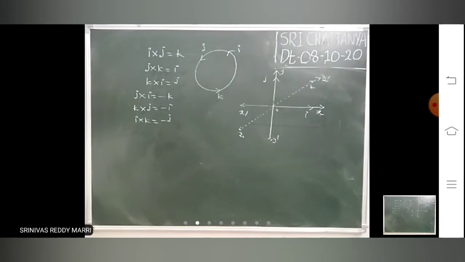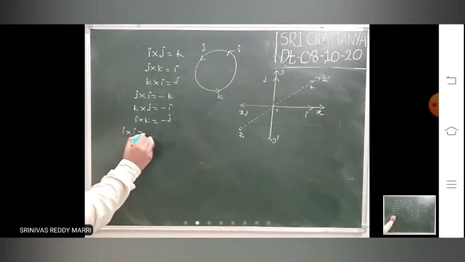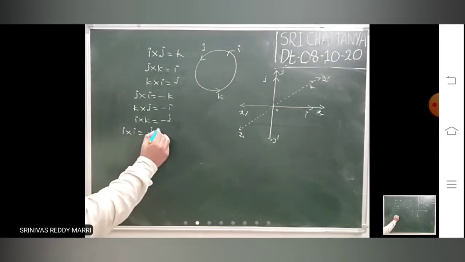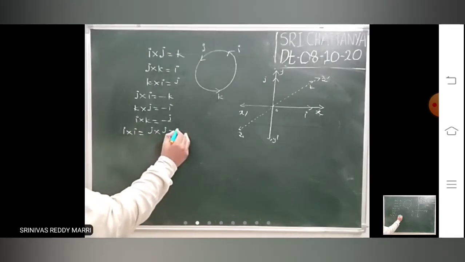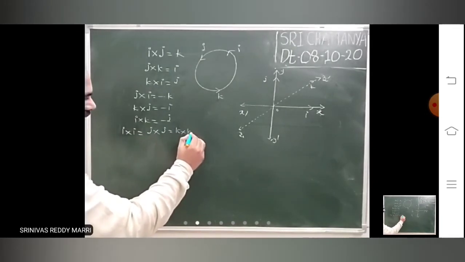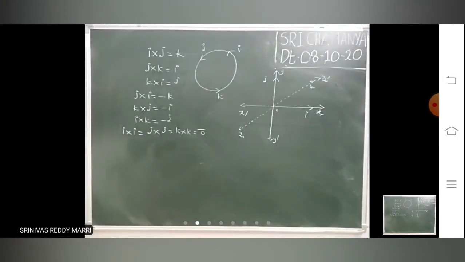These are the relations between them. When the vectors are the same, you get 0: i cross i equals j cross j equals k cross k, and this is 0 bar, which you must write, as it is a vector.